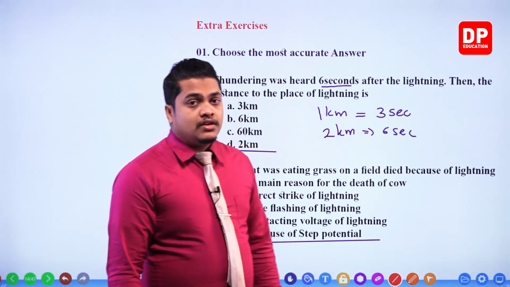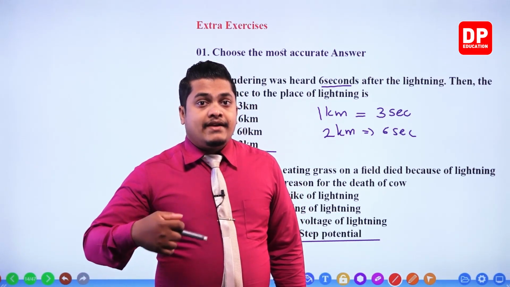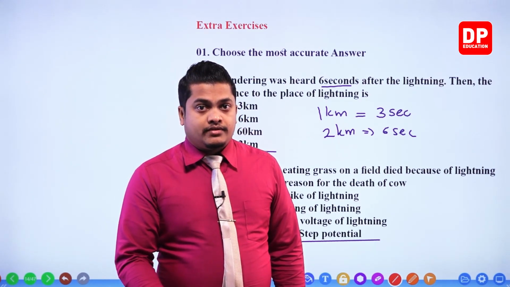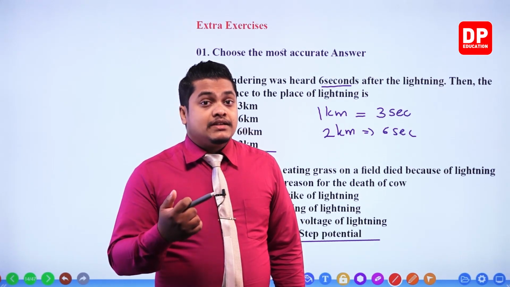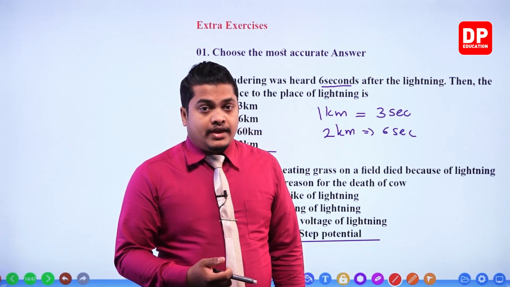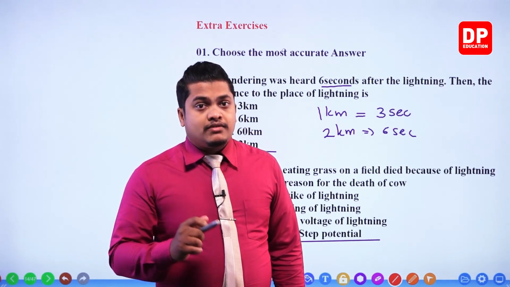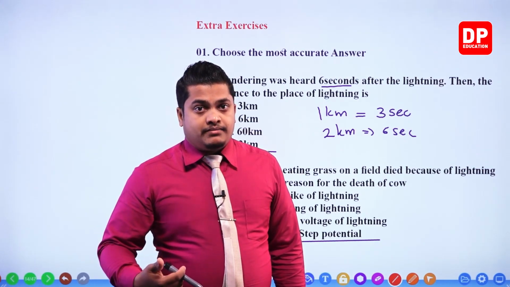Can you remember? We discussed quadrupeds like cow, goat, deer. They have a high probability of getting step potentials because of the length between the forelimbs and the back limbs.